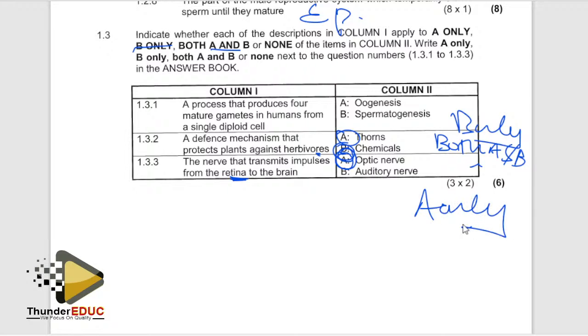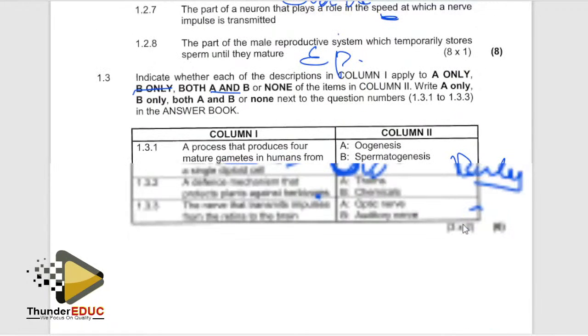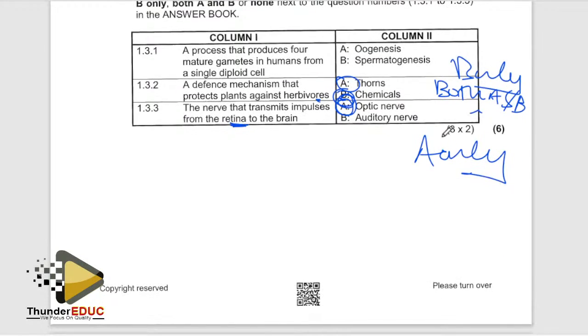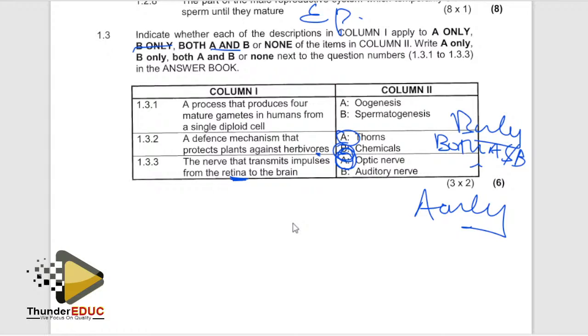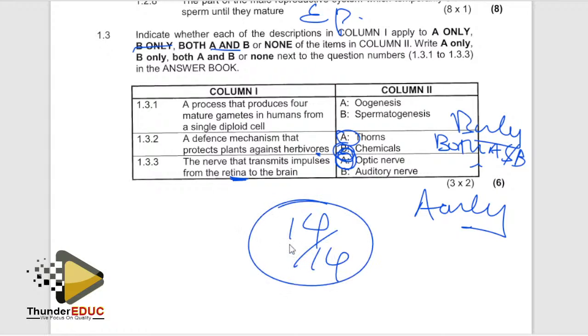A only. Who got all of them? Who got here 8 plus 6? So making it 14. 14 out of 14. So there are some people who have got them, so we are running to 150 out of 150.